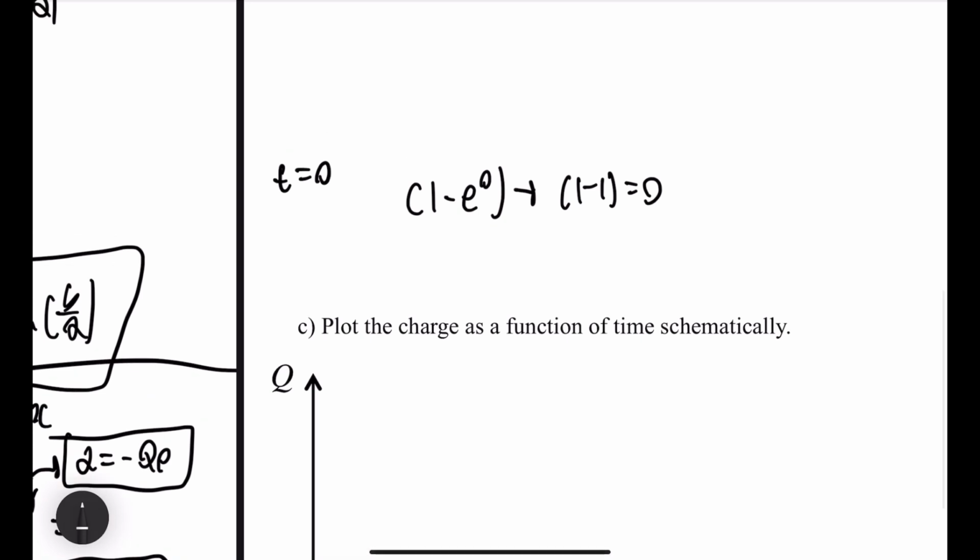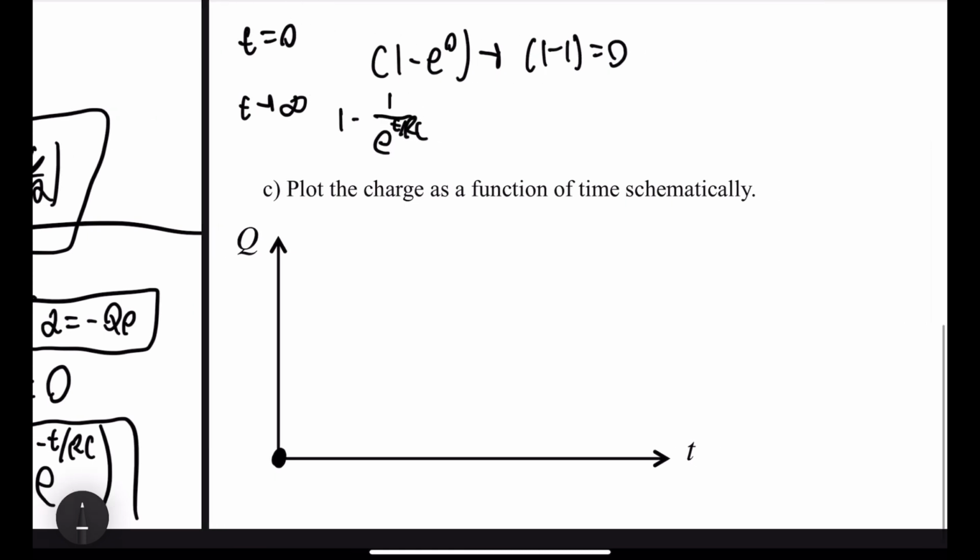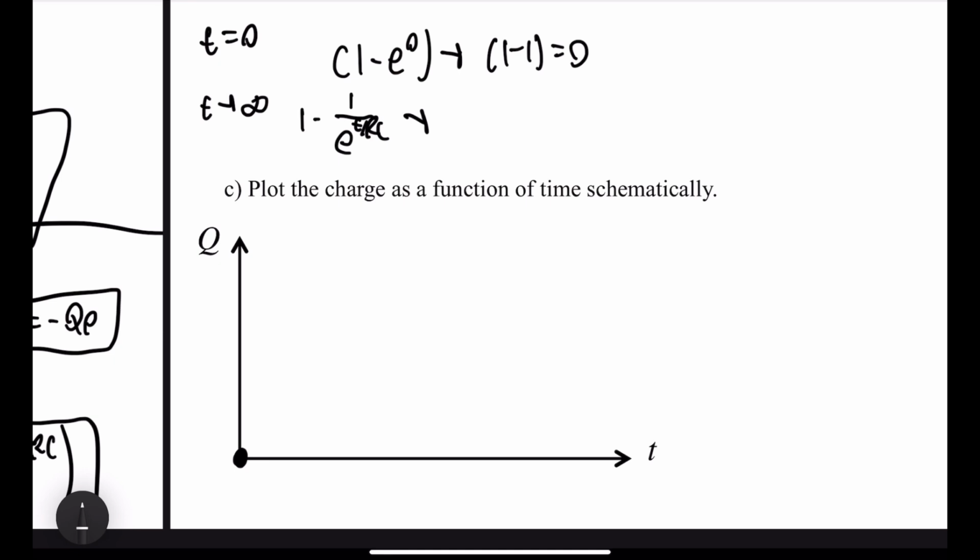Now let me do the same thing, but as time goes to infinity, I would have 1 minus, and then I can rewrite the exponent. The exponential is 1 over e to the t over RC, right? If I plug in infinity, I will get 1 minus 1 over e to the infinity. This will go to 0, so I'll have 1 minus 0, which is equal to 1.